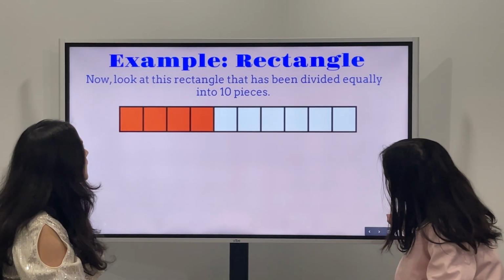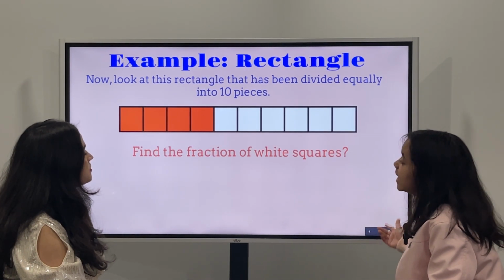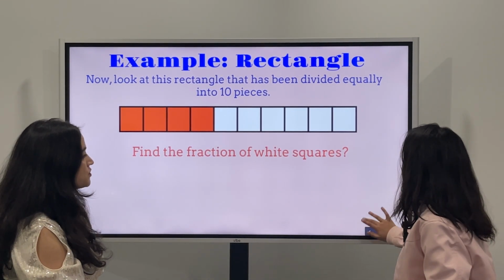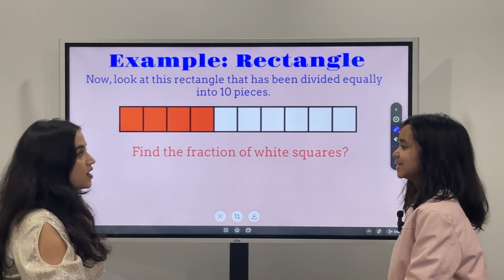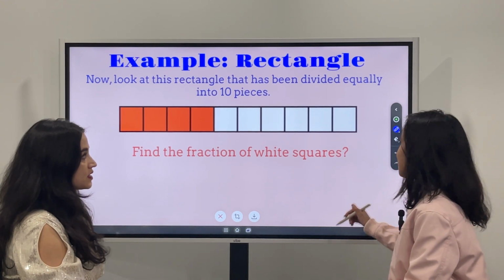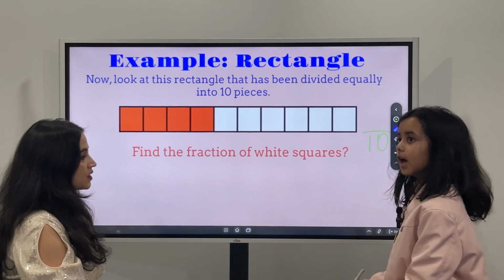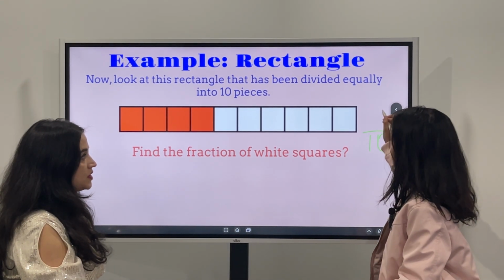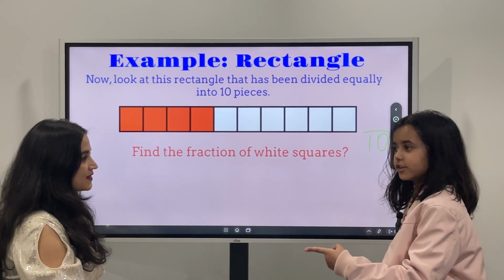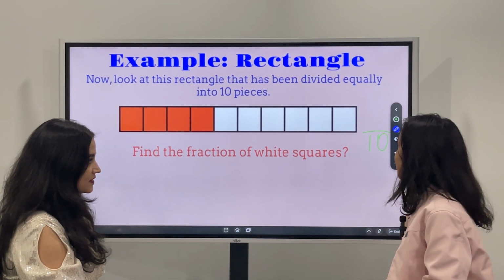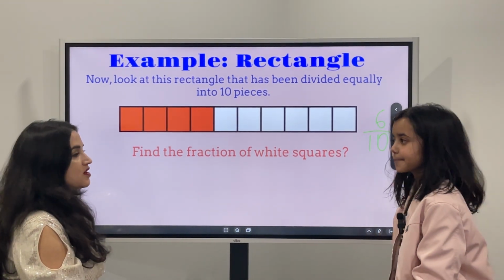Keep going. We already have that. Okay, now we have the white squares. We did the red, now do the white. 6 plus 4 equals 10. So the denominator is still 10, but the numerator is different. Now it's time for 6's turn. Or simply count it.